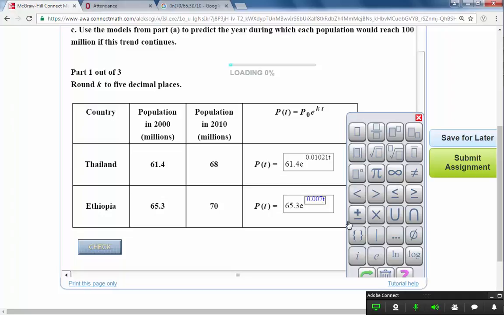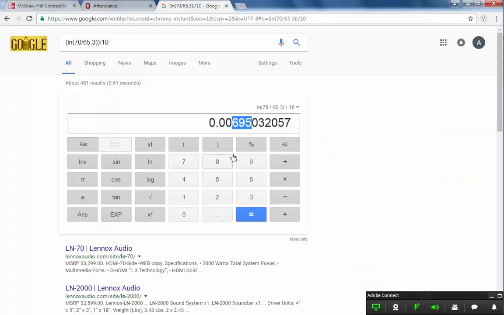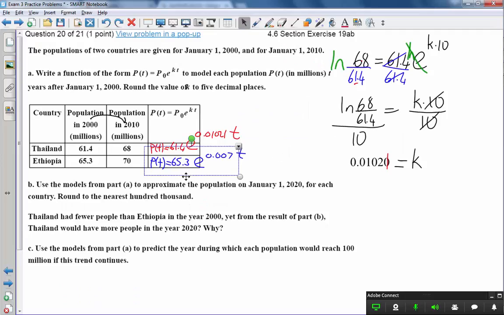I think you rounded to 4. It says right there, 5 decimal places. Oh, 1, 2, 3, 4, 5. I should be rounding this one. Why didn't you warn me before? I didn't know if I'd be wrong.